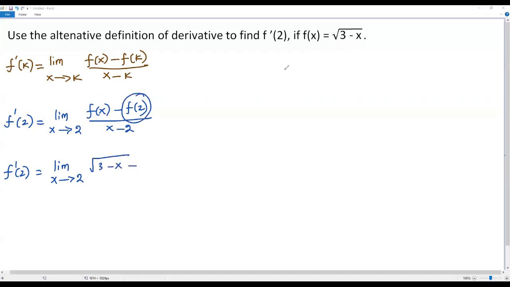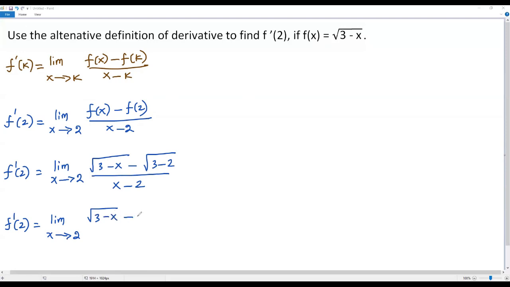And to get f of 2, I have to plug x equals 2 into the given function. When I do that, I get the square root of 3 minus 2. So f prime of 2 equals the limit as x tends to 2 of the square root of 3 minus x minus, 3 minus 2 is just 1, so the square root of 1, which is just 1, over x minus 2.